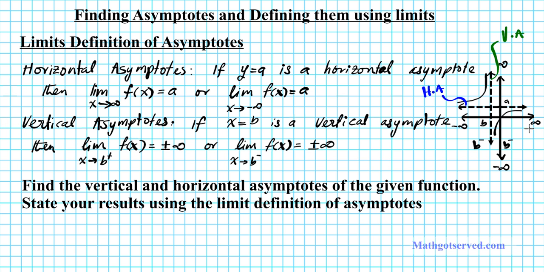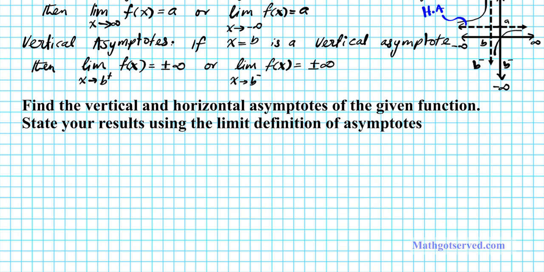Let's consider a concrete example. It says find the vertical and horizontal asymptotes of the given function. State your results using the limit definition of asymptotes. Say we have f of x equals x to the third plus 2, divided by 2x to the third minus 4x.